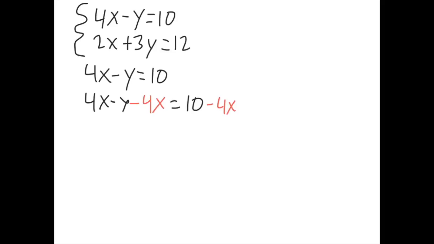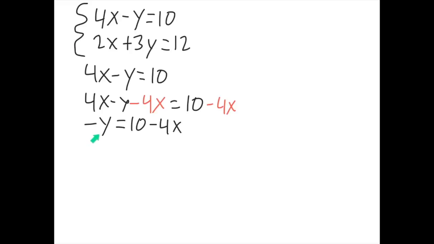So then on the left, the 4x is canceled to leave just negative y. Make sure that negative stays there. And then you have equals 10 minus 4x.